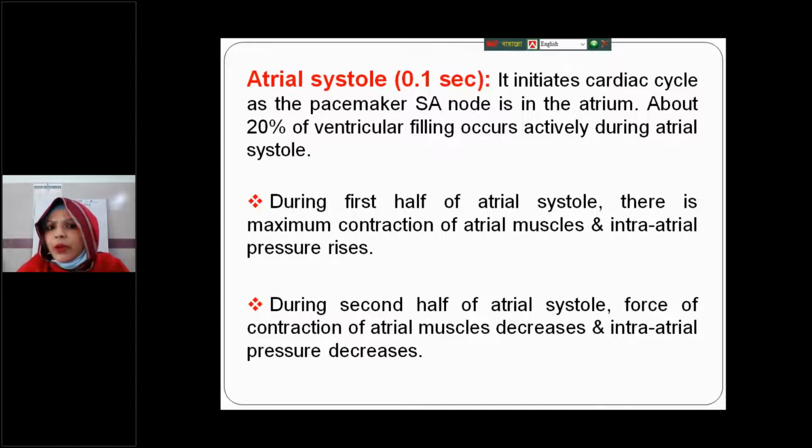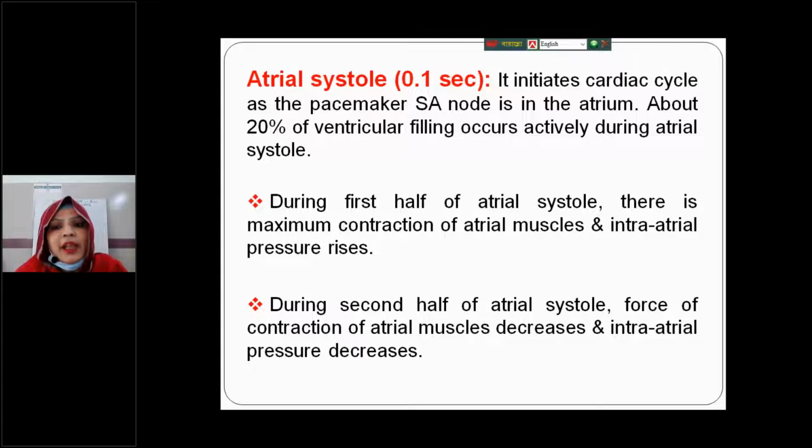20% ventricular filling occurs, that is 20% of blood goes towards the right ventricle, and also from the left atrium towards the left ventricle 20% ventricular filling occurs. It is a simultaneous act. Both atria always work simultaneously.